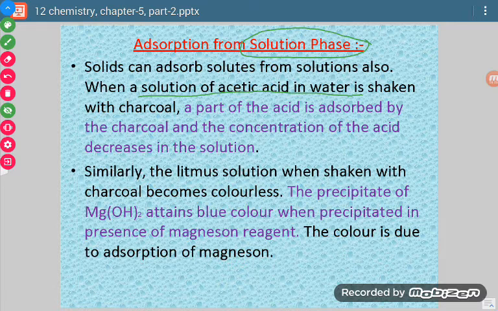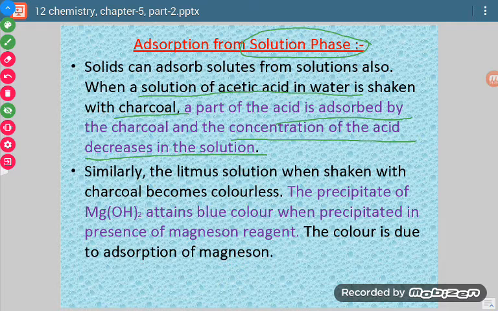Now if we take charcoal and put it in this, what happens? Charcoal will adsorb the acid, and if we check the concentration of the acid, it will decrease. Where has the acid gone? It has been adsorbed on the charcoal.